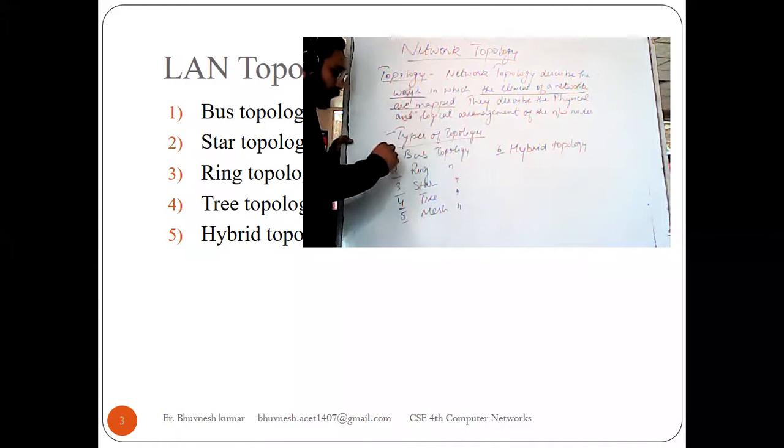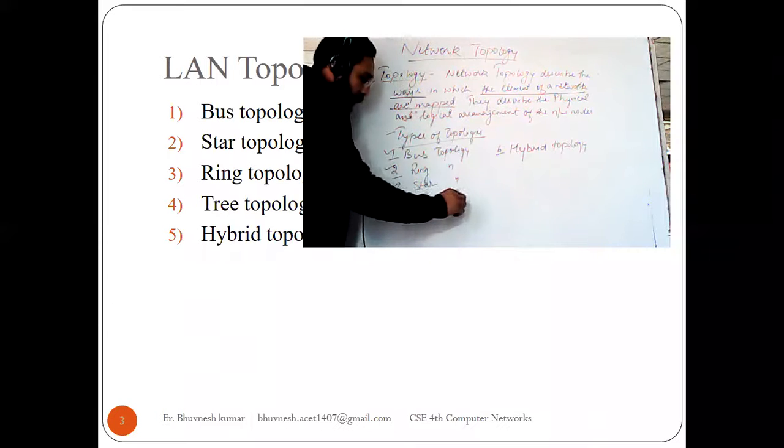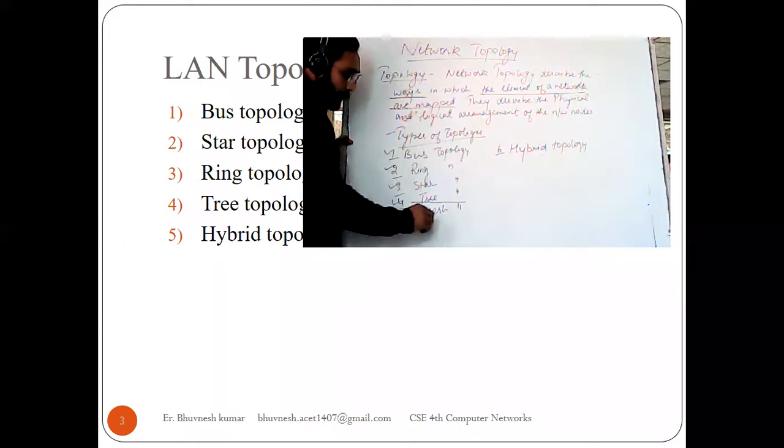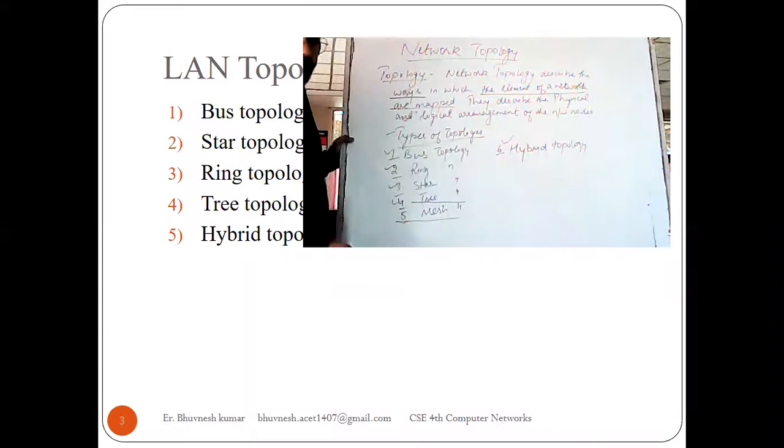Types are there. First one is bus topology. Second one is ring topology. Third is star topology. Fourth is tree topology. Next, fifth one is mesh topology. And last one is hybrid topology.